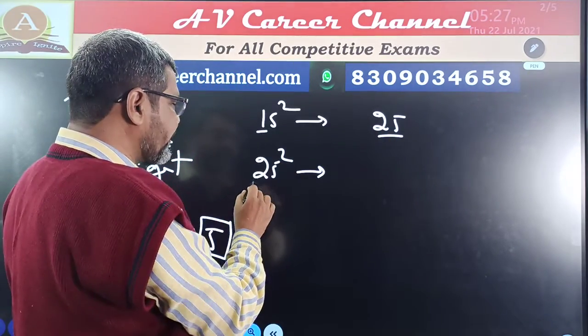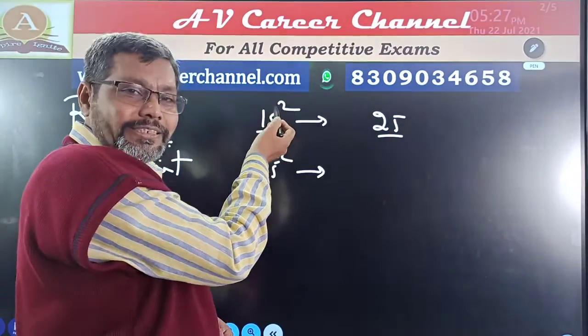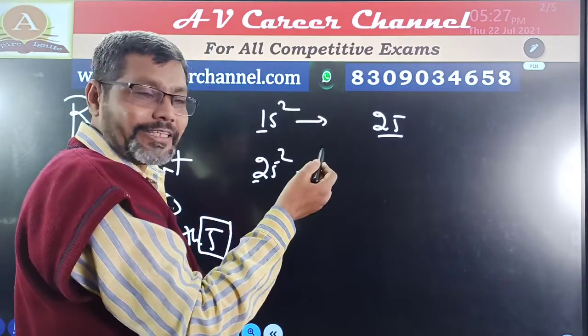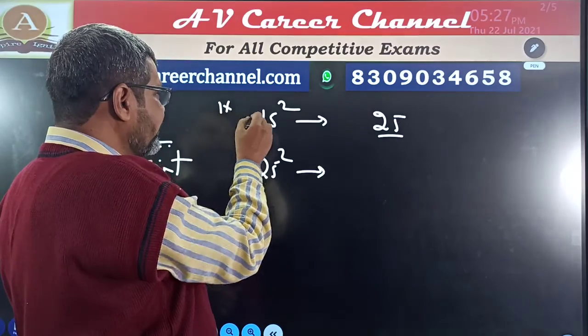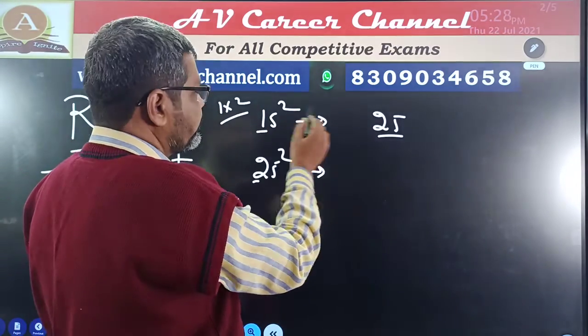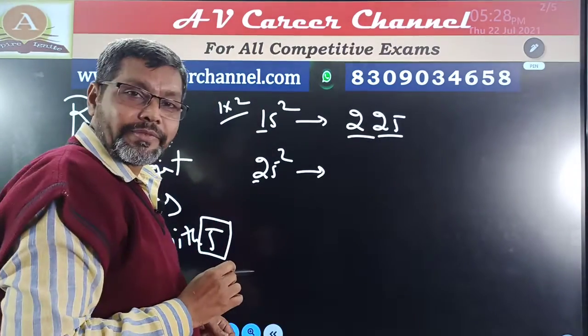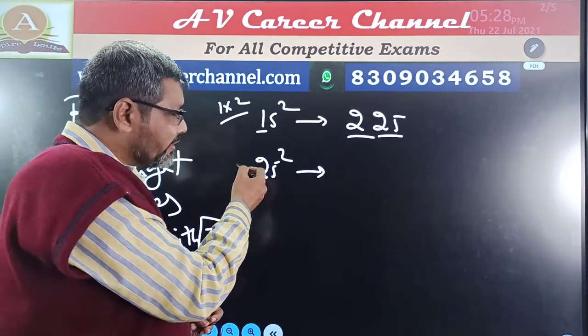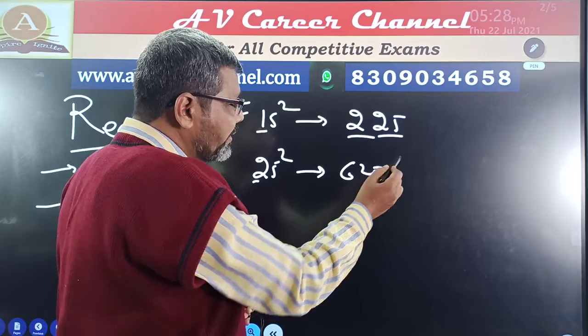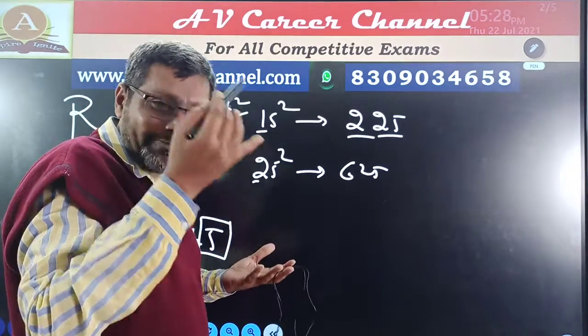So you are taking the left digit and the next digit in the sequence, 1, 2, 3, 4, 5. Here 1 into 2, so you get 225. For 25 square, after 2 comes 3. 3 twos are 6. That's it, because 25 is automatic.